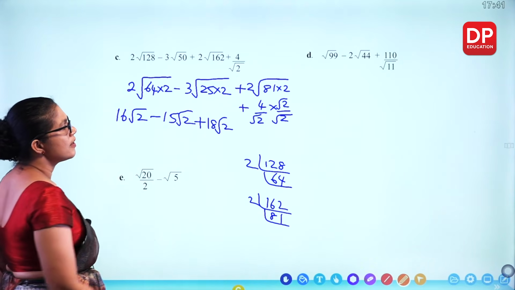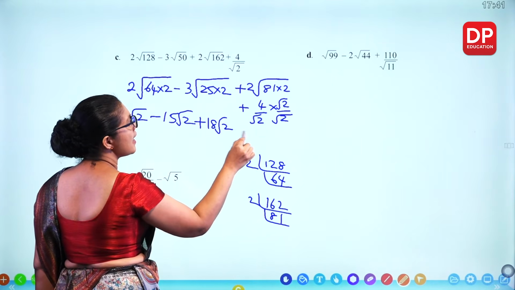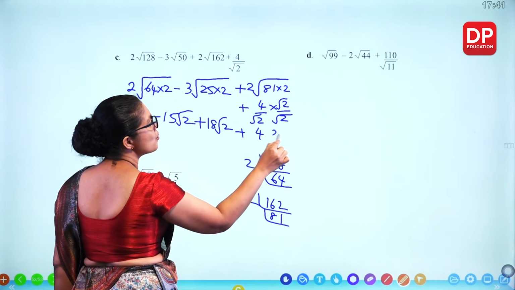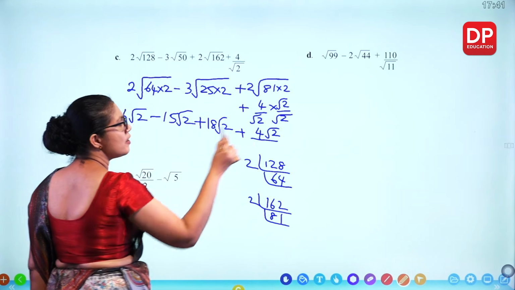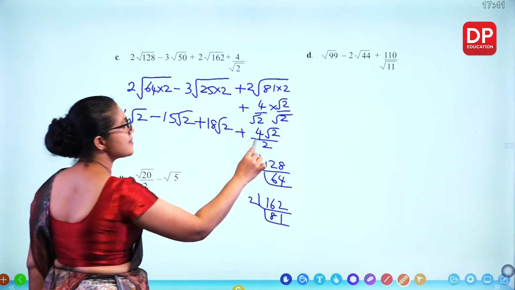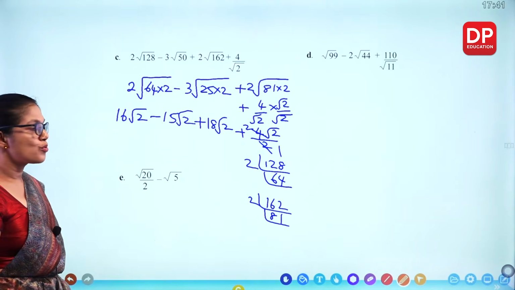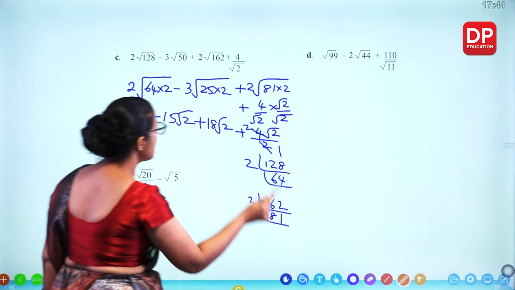This one, when you rationalize this, what do you get? I get 4 root 2 divided by root 2 times root 2, which is 2. I can see 2 and 4 get cancelled out and you get 2 root 2. Now we'll try to simplify this.